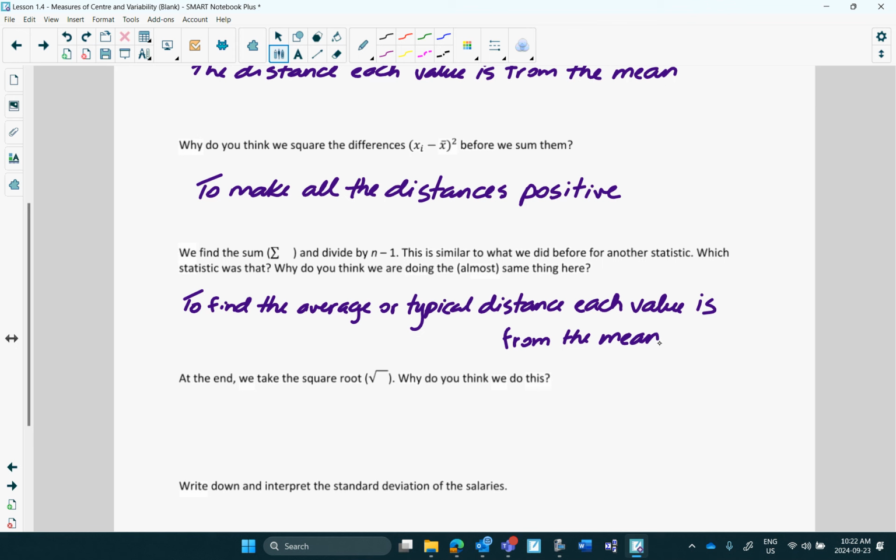But remember, these numbers are squared. So how do I get back from squaring? Square root. That's why we square root.